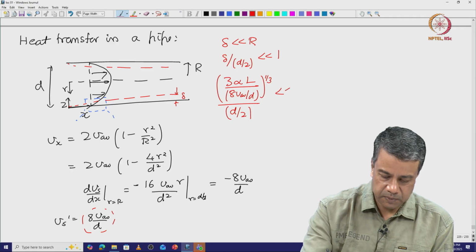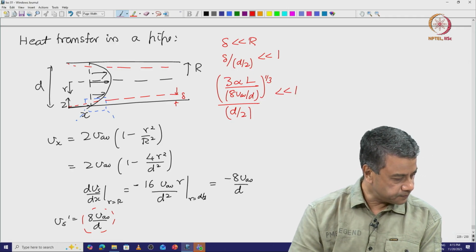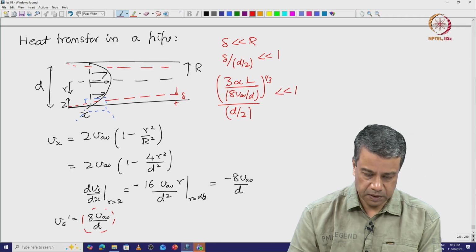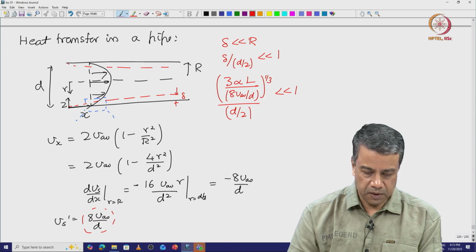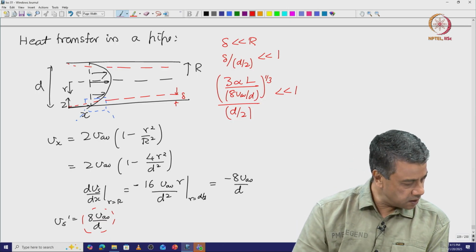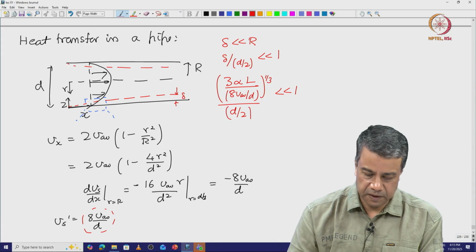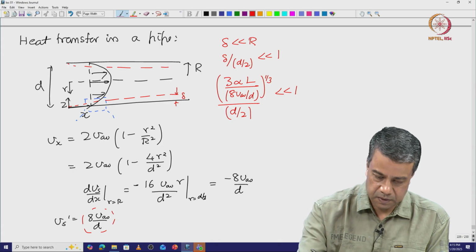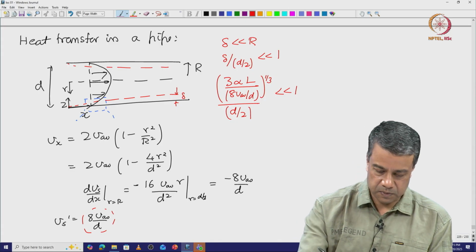This has to be much less than 1. You can do some simplifications here, and what you will find is that if I take the cube of this, it is also much smaller than 1.